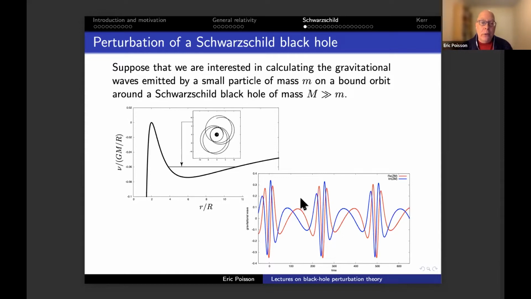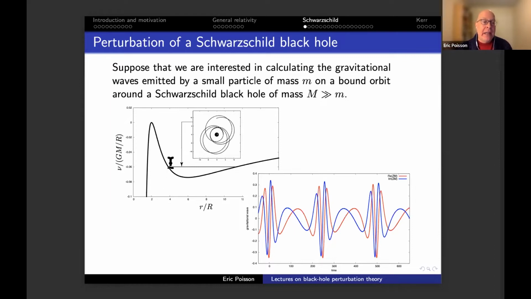So one feature of the gravitational wave is that it has a large amplitude and very rapid oscillations over here, and a smaller amplitude and slower oscillations over here. And the cycle repeats over and over again. And those features of the gravitational wave are directly connected to the features of the motion.